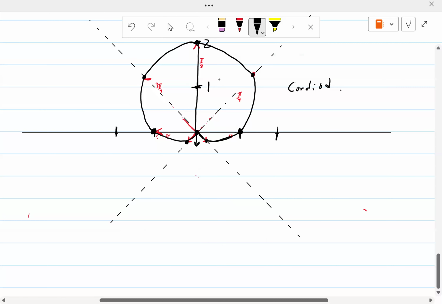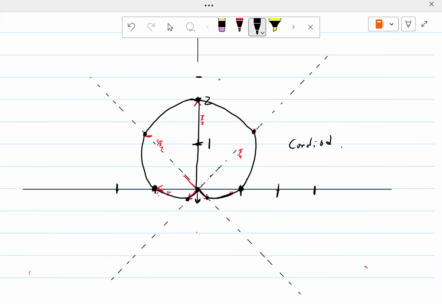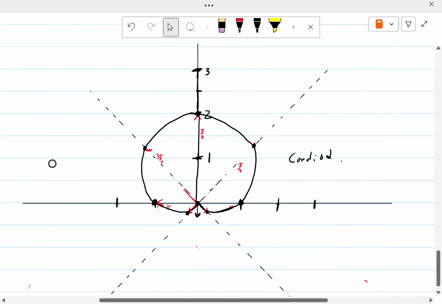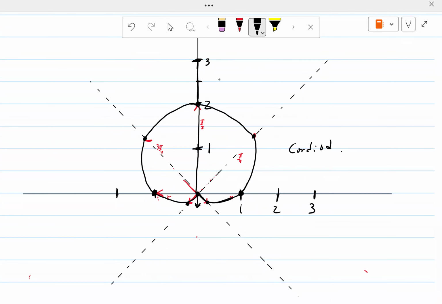Now, my graph is not going to be as nice as the computer one. This would be 2.5 and this would be 3, right? Go up more. We'll just put 3 there. So this is 1, this is 2, this is 3.